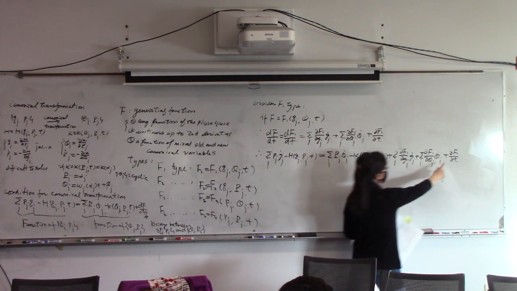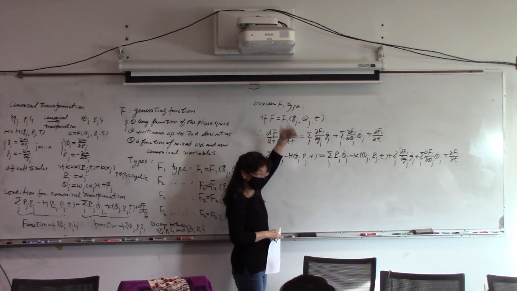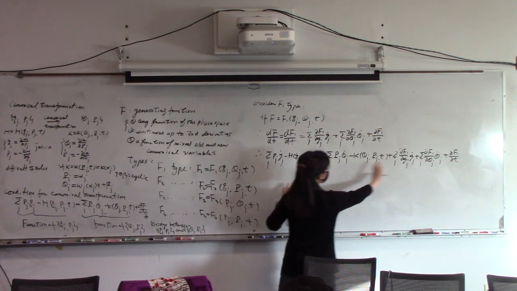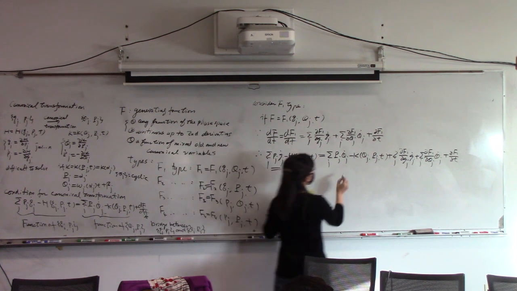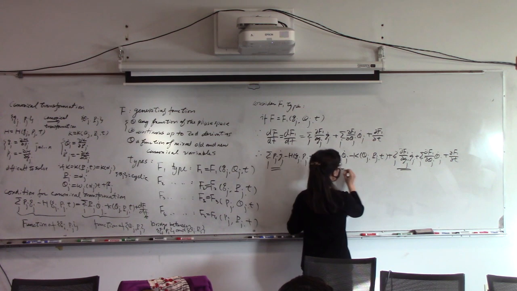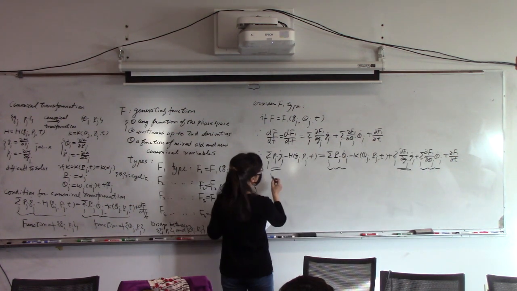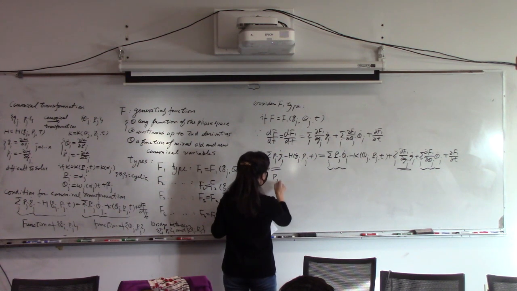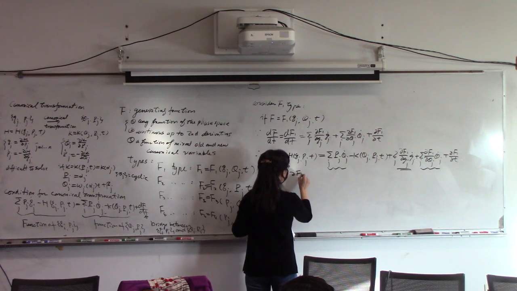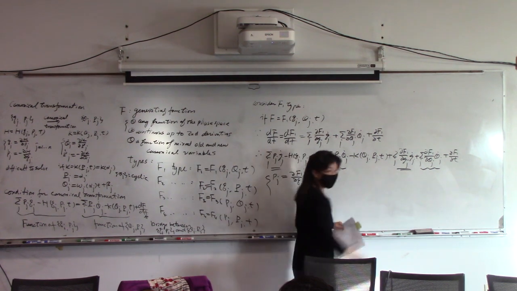This is also because F1 is only a function of the variables, not the generalized velocities. So if we set the coefficients equal, the coefficient of qj dot gives pj equal to partial F1 partial qj. That is the first condition.